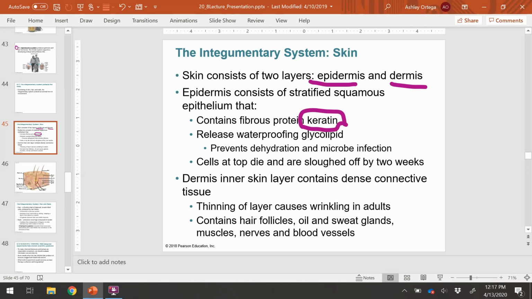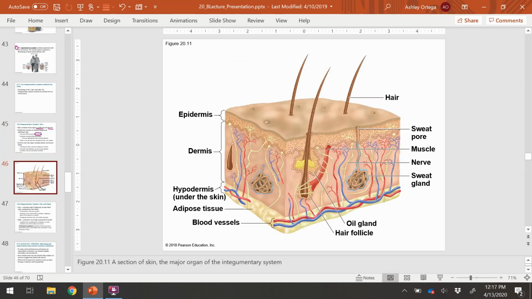And so this dermis layer is going to have hair follicles, oil and sweat glands, some muscles, nerves, and blood vessels. And so you can see that here, the epidermis is the top layer, dermis is the bottom layer. And so hair follicles, for example, will project through both layers, along with sweat pores.